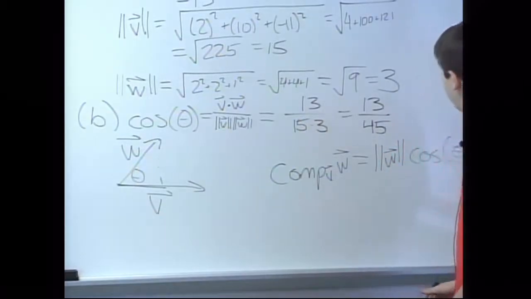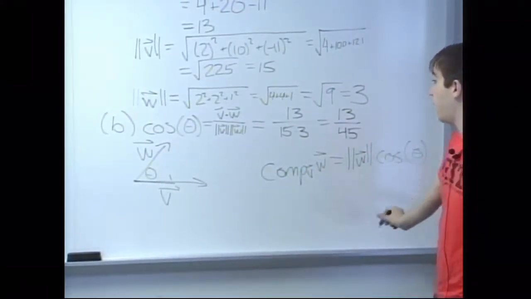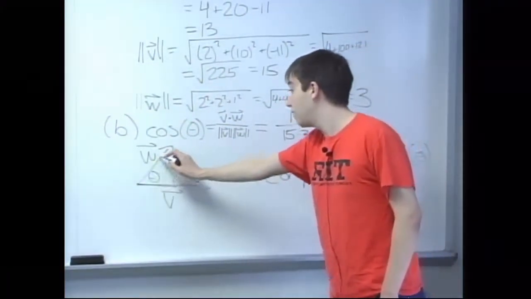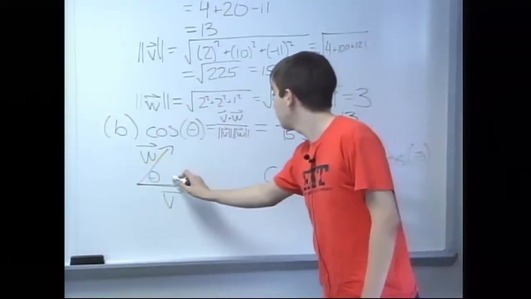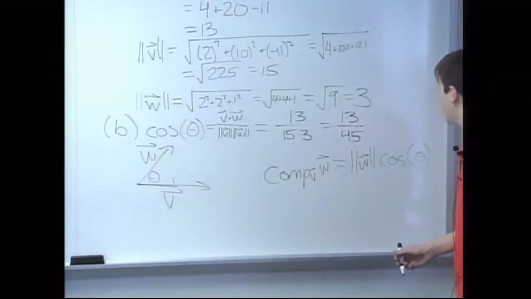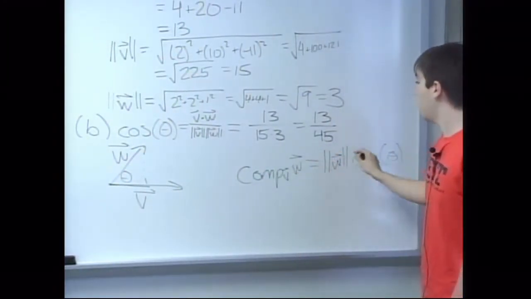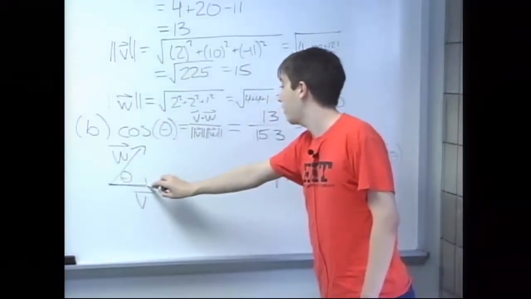And this is because the cosine of the angle between these two vectors is equal to this length, which is the component, divided by the magnitude of w, which is the hypotenuse of this right triangle. So if you multiply the cosine of the angle by the magnitude of w, you just get this length right here.